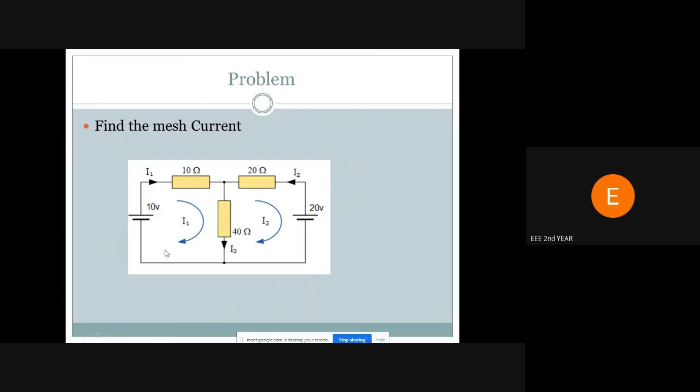So your I1 is in the reverse direction, that is flowing in the anti-clockwise direction, and your I2 is also flowing in the anti-clockwise direction.